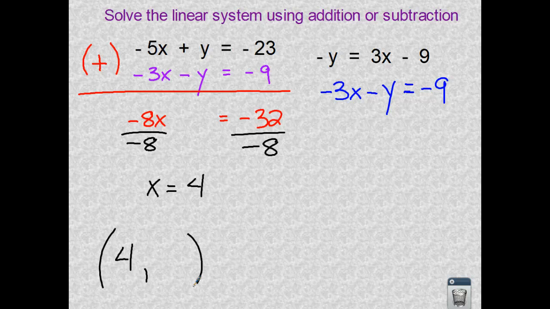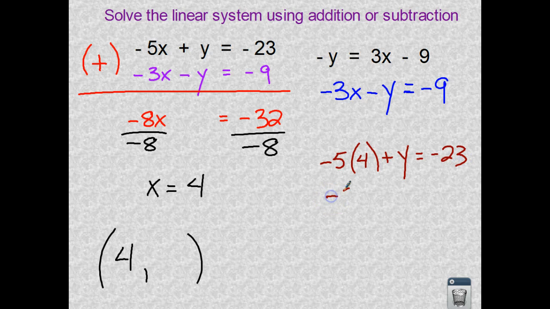Now x is positive 4. We take our positive 4 and substitute it into one of our two equations. It doesn't matter which one. And let's solve for y. So let's take that first equation. Negative 5 multiplied by my x, which is 4, plus y is equal to negative 23.